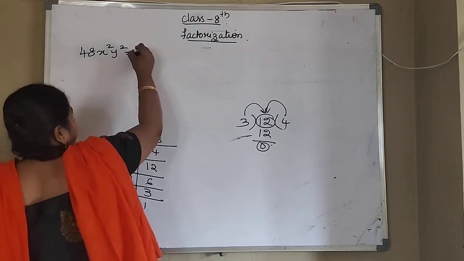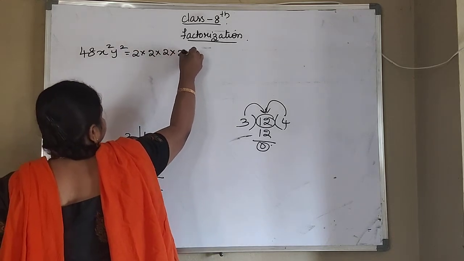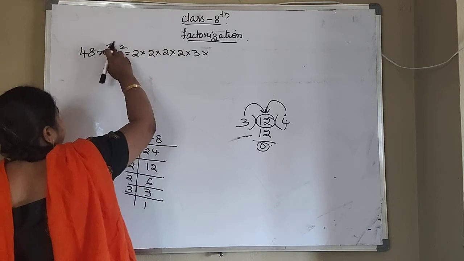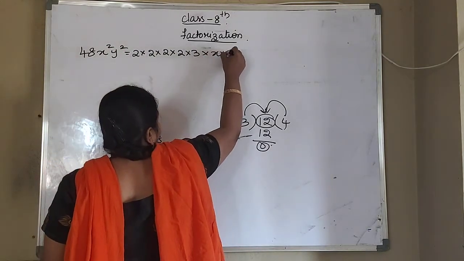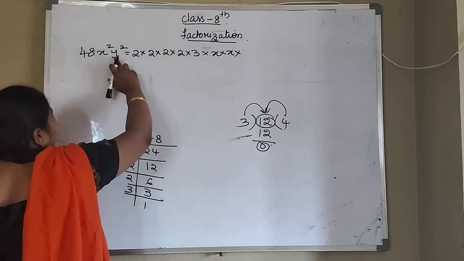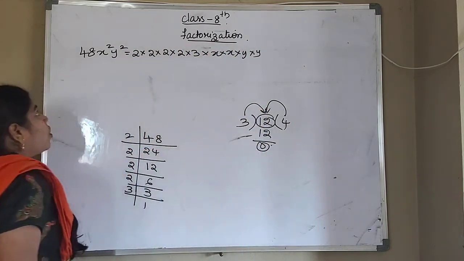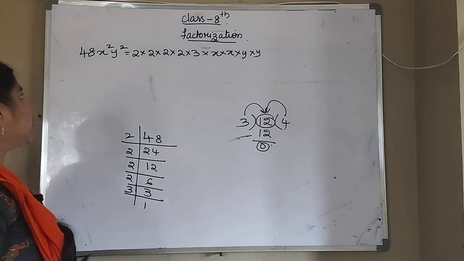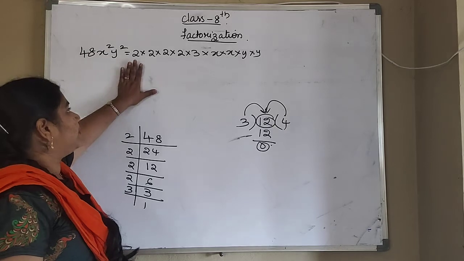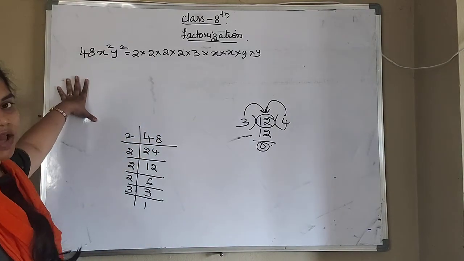So you write here 2 into 2 into 2 into 2 into 3, and x square means x multiplied 2 times, so x into x, and y square, y also multiplied 2 times. So these are the factors of 48 x square y square.